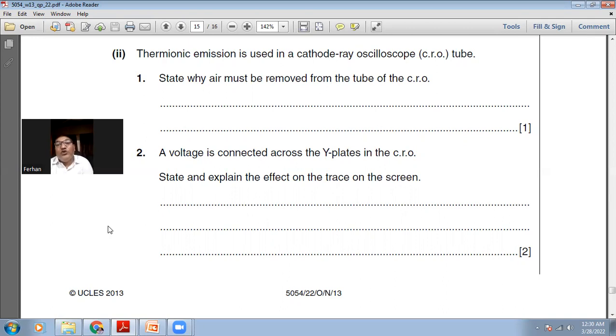So they will not be able to reach the screen. That's why we remove all the air from the CRO tube.